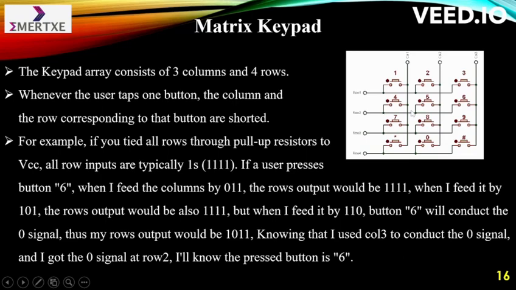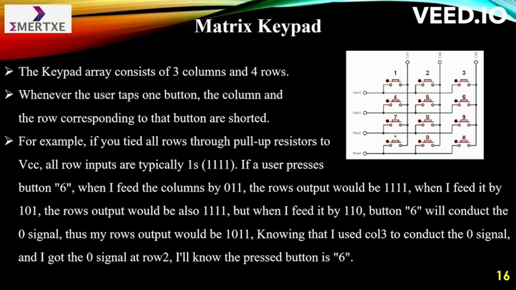Thus, my row output word will be 1, then this row will be connected to the zero signal, and this row will be 1. Knowing that, I use column 3 to conduct the zero signal via row 2, so that the controller comes to know that I am pressing the button 6. This is how the matrix keypad works, and this column condition will be checked at every instance to know which button we are pressing.